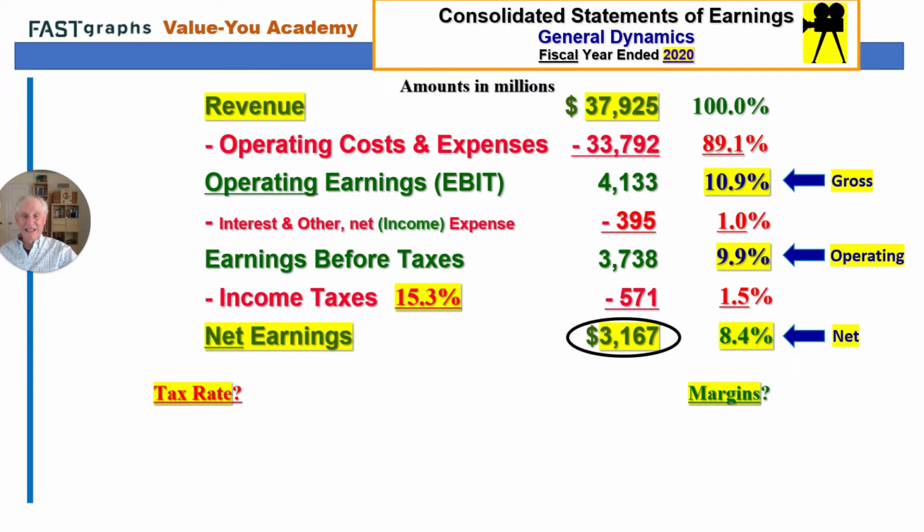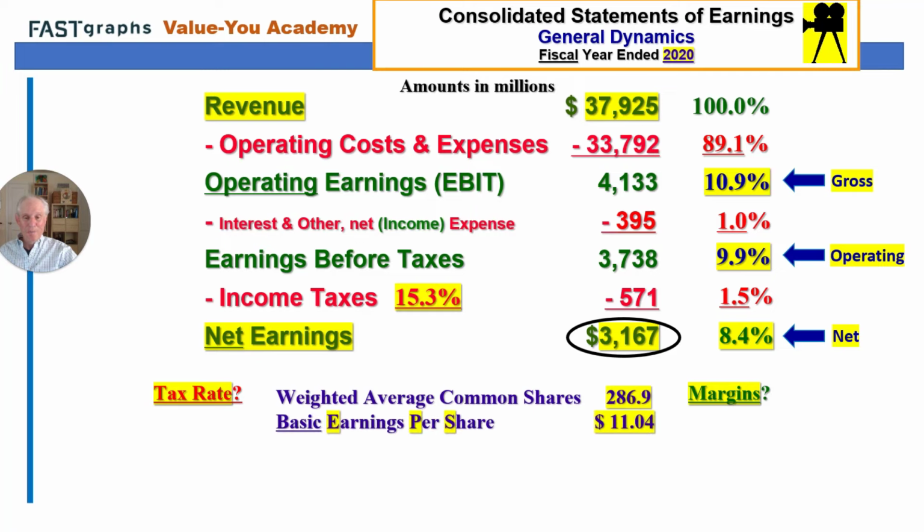They got some sharp tax accountants that legally are able to keep it down. There's the number of weighted shares outstanding. There's their basic earnings per share, and their diluted. And we want to see the trend over a period of time with these earnings per share. The growth of earnings per share is very important in business.